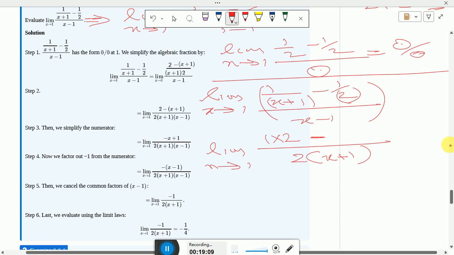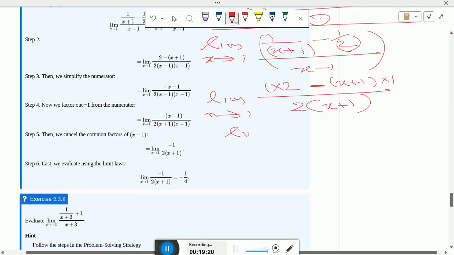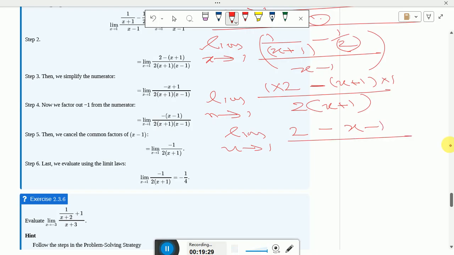Minus, if I divide it by 2, the remaining portion is x plus 1 into 1. Now if I simplify this, limit x approaches 1, we get (2 minus x minus 1) over 2 into x plus 1.